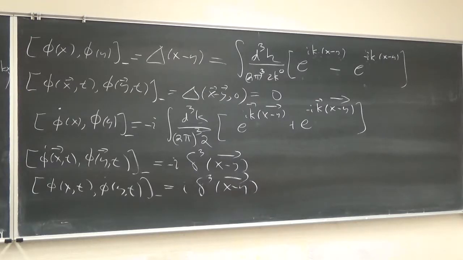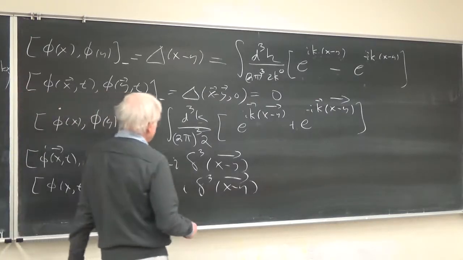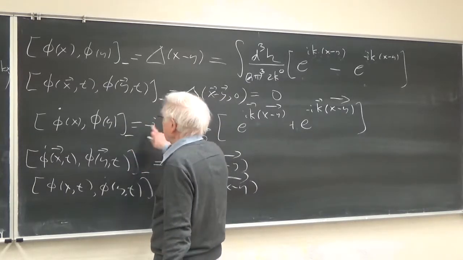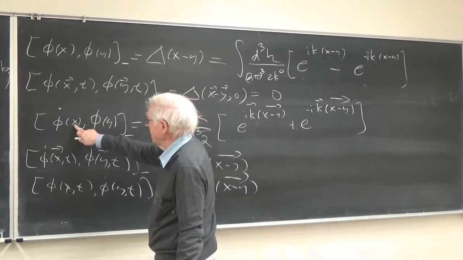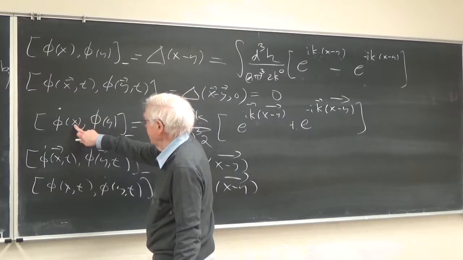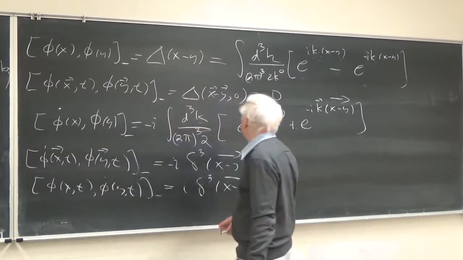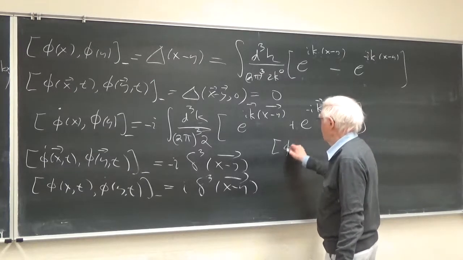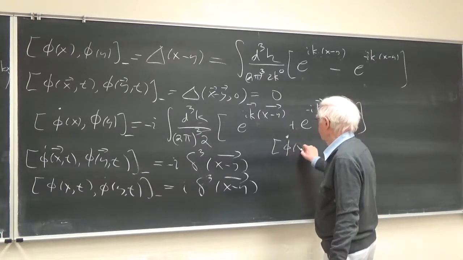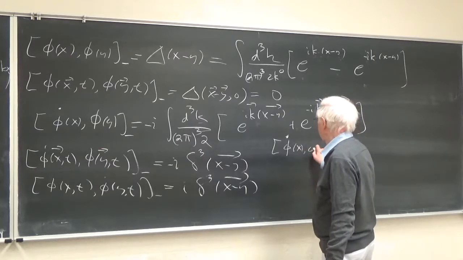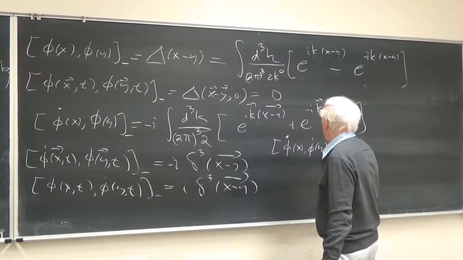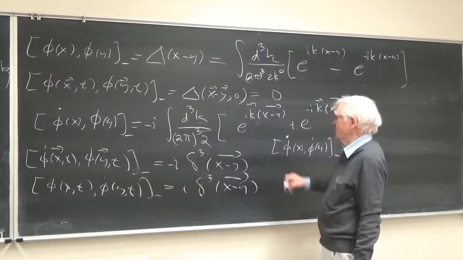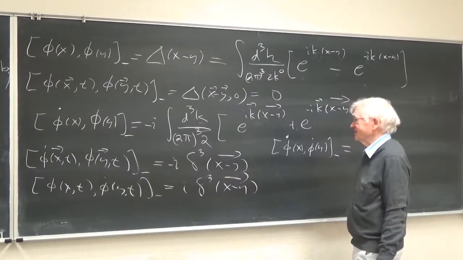You might worry, well, what about if we differentiate this first with respect to the time of the field at x, and then with respect to the time of the field at y? Then what we would get would be phi dot of x, phi dot of y. And so now I have to differentiate, and I've got too many minus signs to keep straight.